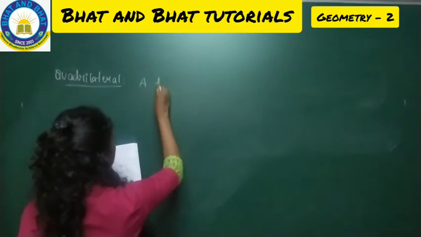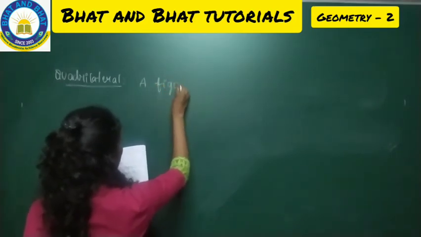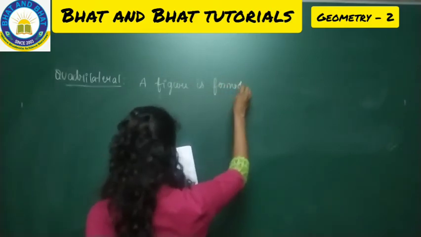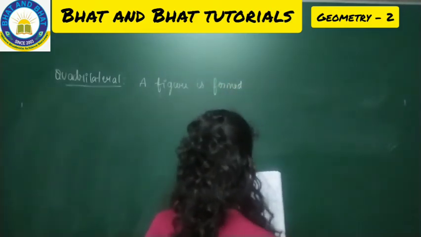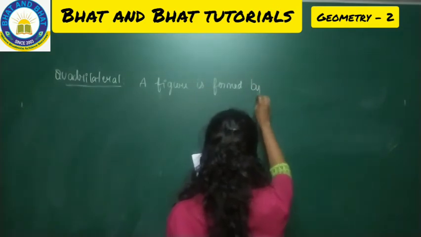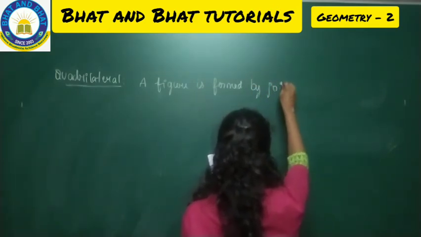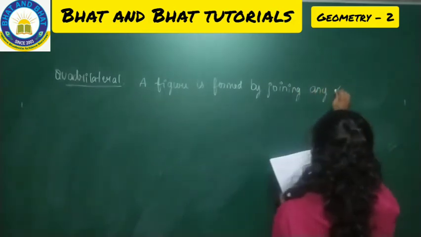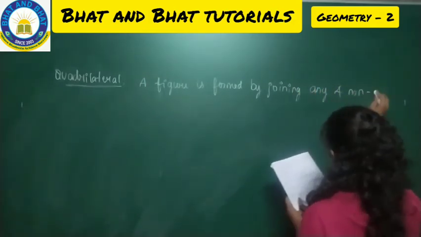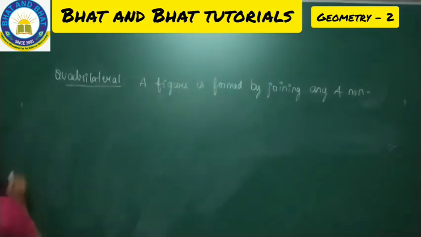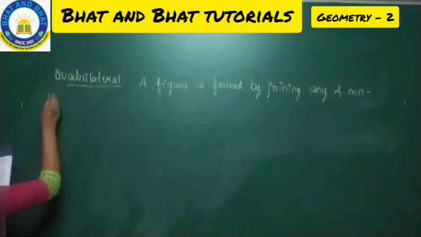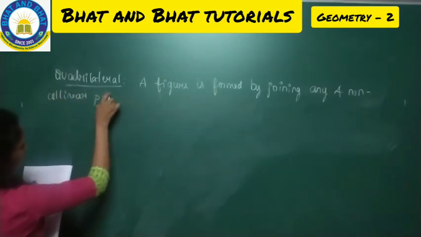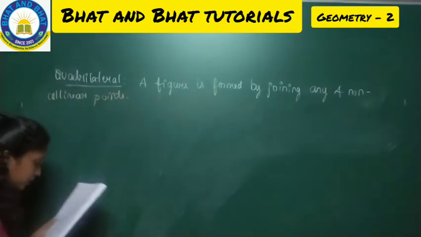A figure formed by joining any four non-collinear points we are going to call a quadrilateral.